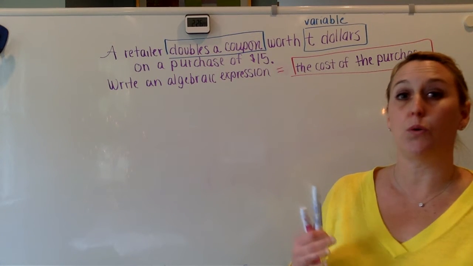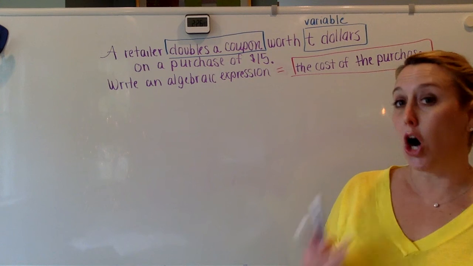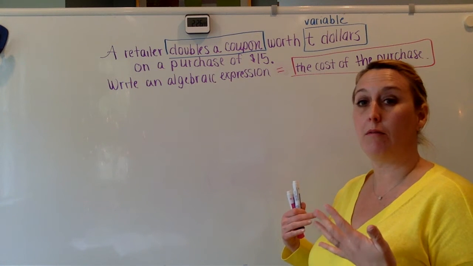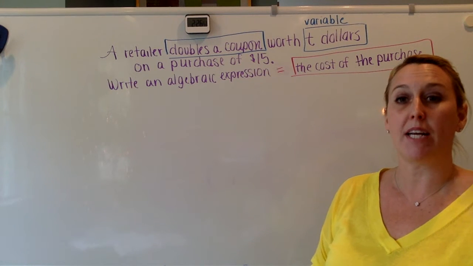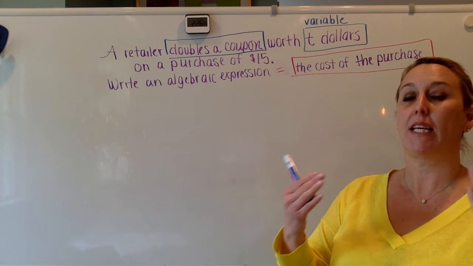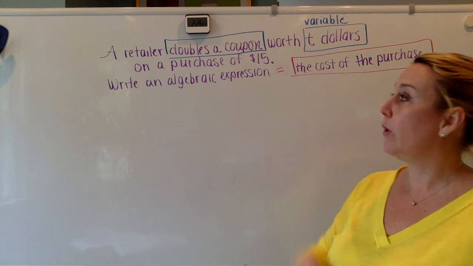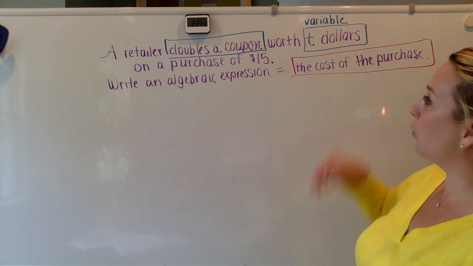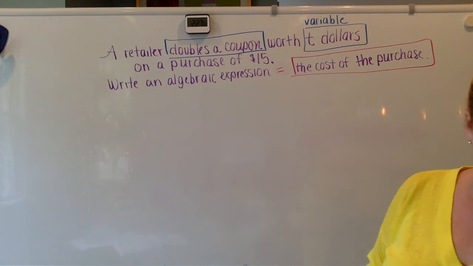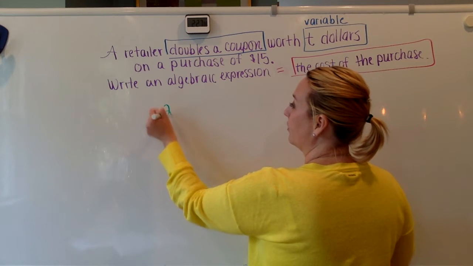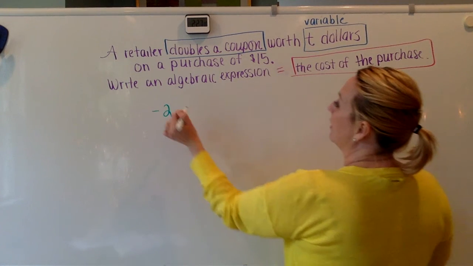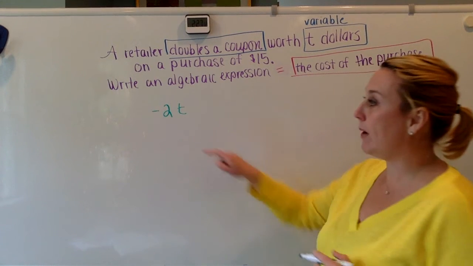Does that mean you get money off, or you have to pay more for something? So if you get a coupon, that means you get money off. That means you get money deducted. So doubles a coupon worth $T. So if a coupon is doubled, it's -2T. So this represents the coupon.